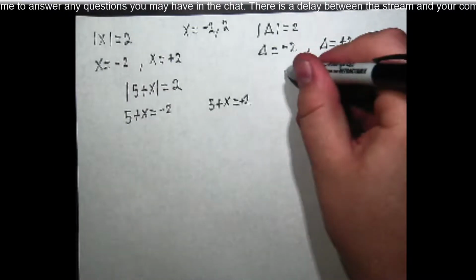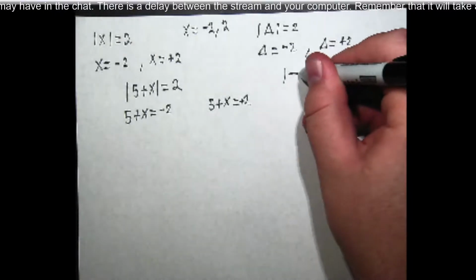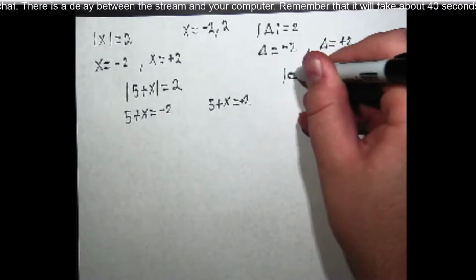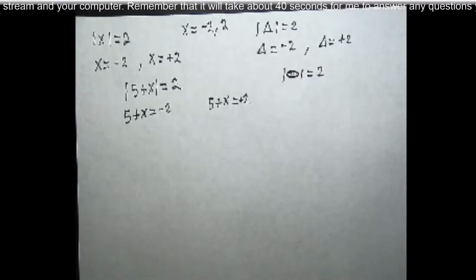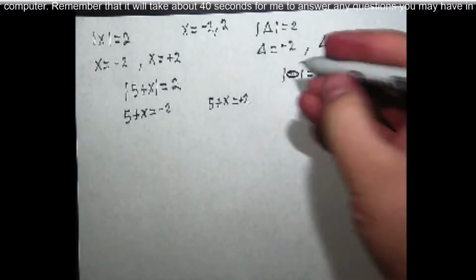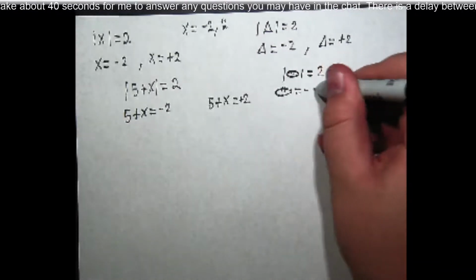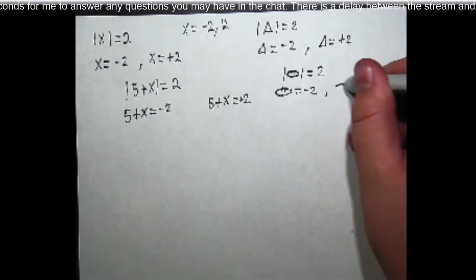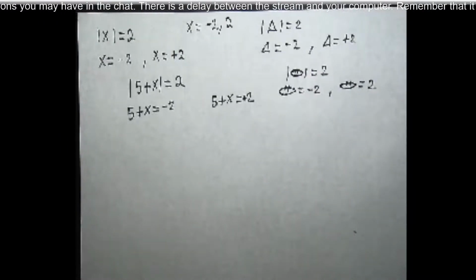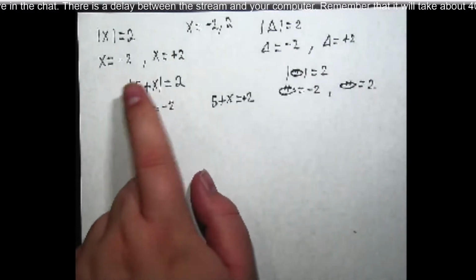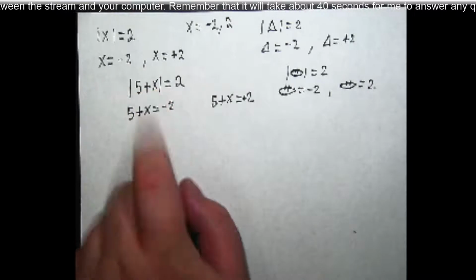We could have absolute value of, oh, I don't know, football equals 2. And it would still be the same. Football would be equal to negative 2, or football would be equal to positive 2. Just because I've added an x here, just because I've added a 5 here, does not make any difference. Maybe 5 plus x is just football.